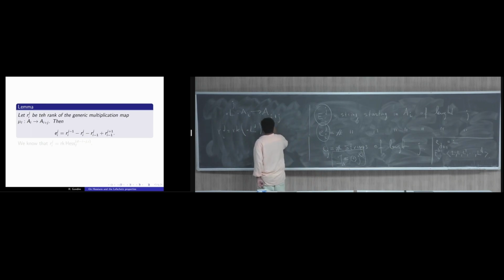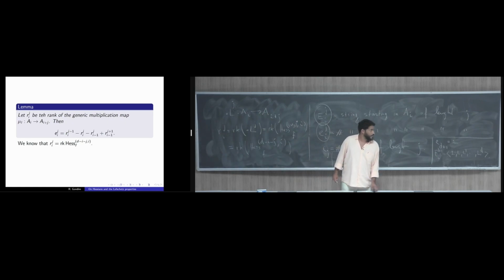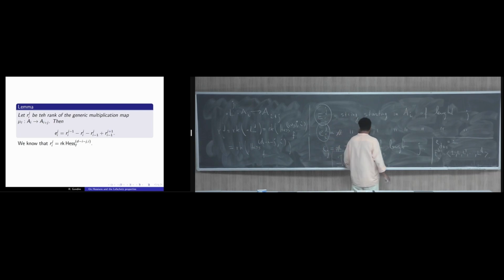That is the rank of the Hessian of index I plus J dual I of F, but it's the same as the rank of the mixed Hessian of index D minus I minus J, I of F. So the conclusion of the lemma is that the Jordan types depend only on the ranks of certain mixed Hessians.